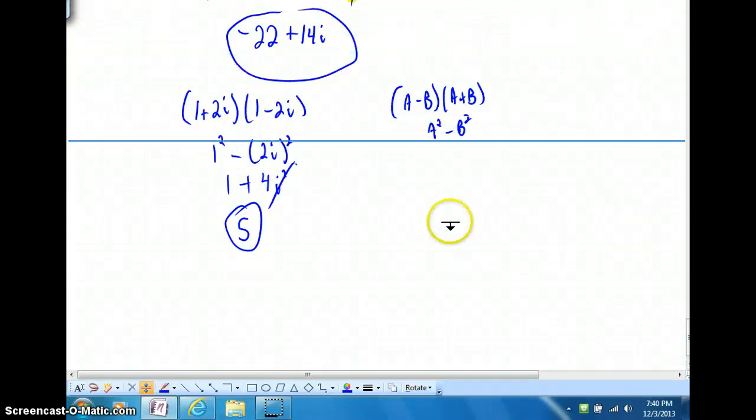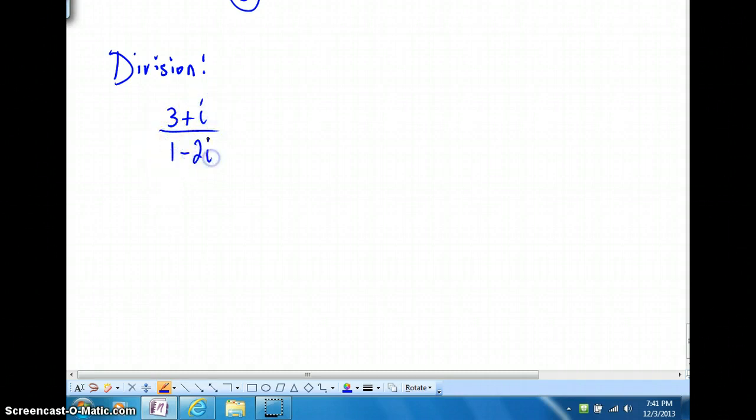Now, division is also possible with complex numbers. Division, what you could see is if I gave you 3 plus i divided by, let's say that I gave you 1 minus 2i, just to give you something like that. When we're going to divide, the way you want to work this out, i is really a square root.